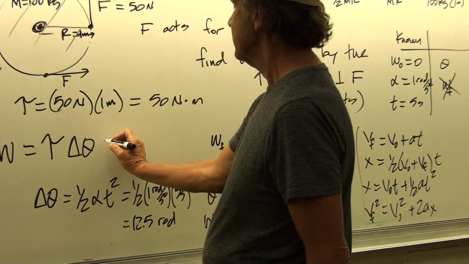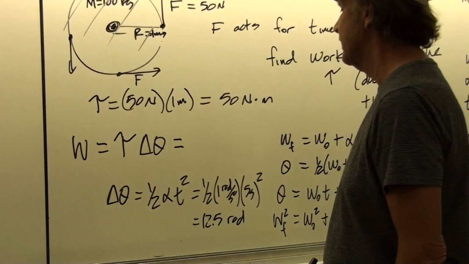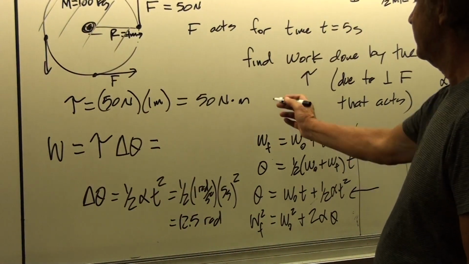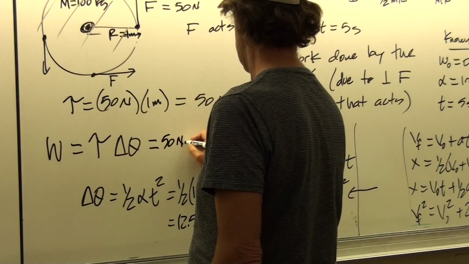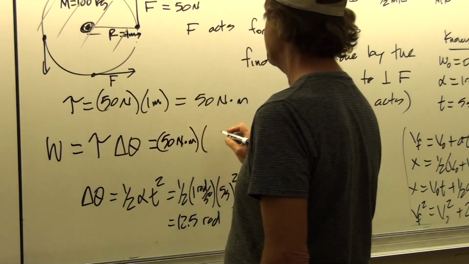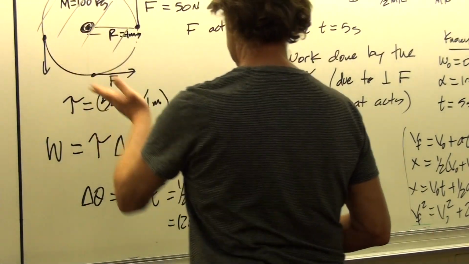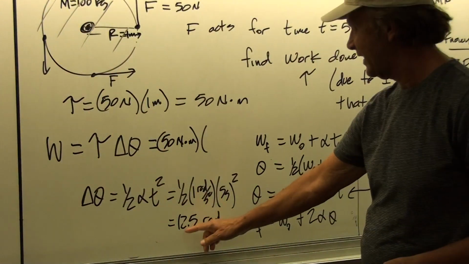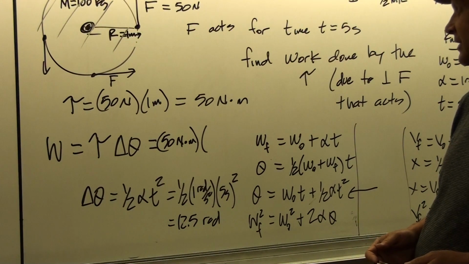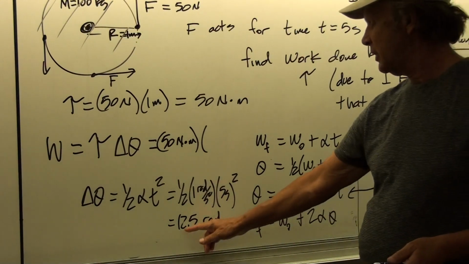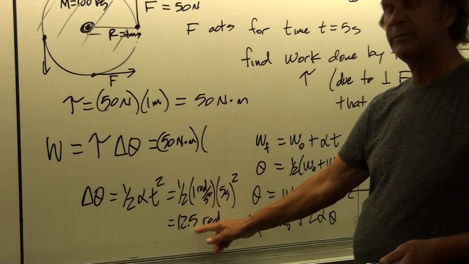So the total work that we do in this process then would be the torque, which is 50 newton meters, times how much angle we've swept out, which is 12.5 radians. How much is that? Well, 2 pi radians equals 360 degrees. So 2 pi, 2 times 6 is 12.